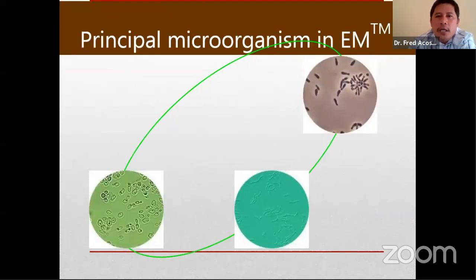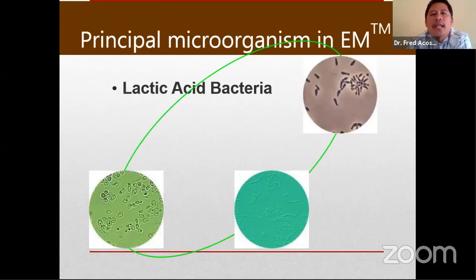First, we have what we call lactic acid bacteria. I'm sure you're familiar with cheese and yogurt. The bacteria present in cheese and yogurt is the lactic acid bacteria, so it's very common. And of course, now we have the yeast.